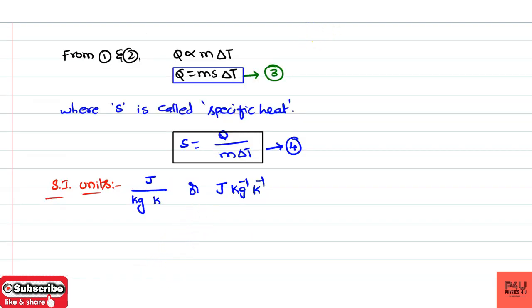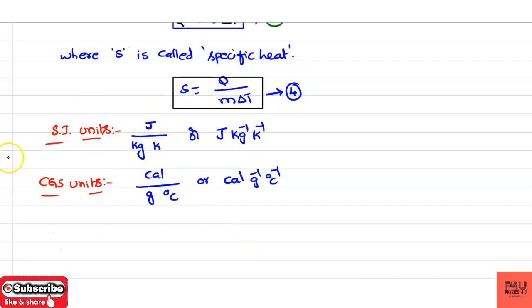Similarly, CGS units: calorie by gram degree Celsius can also be written as calorie gram inverse degree centigrade inverse. So these are the very, very important units of specific heat.